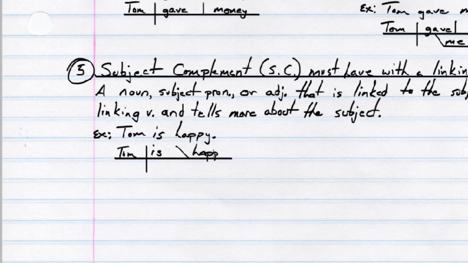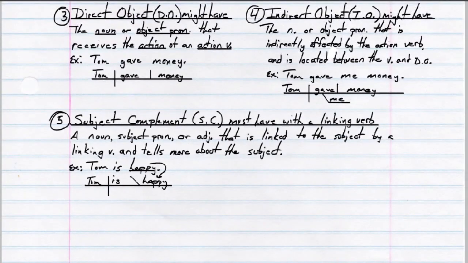So happy goes over here. I'm going to underline happy in the sentence, draw a line to show that's where it's going, and that just reminded me to do that up here in indirect object. I'm going to underline me, and draw an arrow showing that it goes all the way under here.